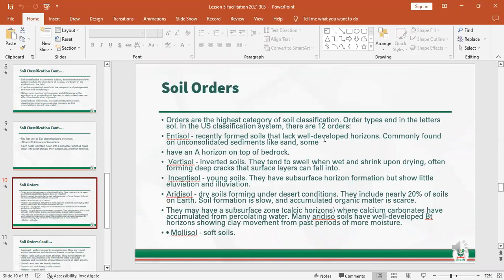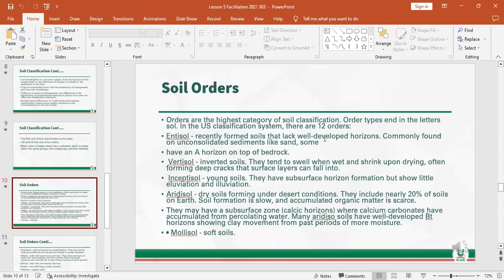They may have subsurface zones, otherwise called the calcic horizon, where calcium carbonate has accumulated from percolating water. Many Aridisols have a developed horizon showing clay movement from a past period of more moisture.